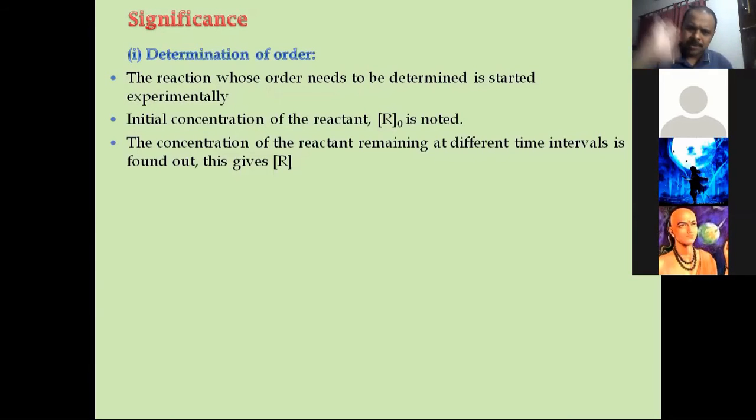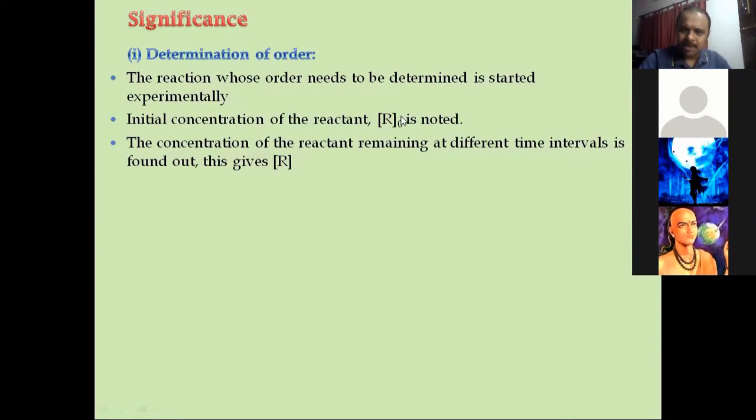The reaction slowly proceeds. You have to find out, as the reaction proceeds, at different time intervals, let's say 3 minutes, 8 minutes, 15 minutes, 20 minutes, randomly, no problem, or at regular intervals, any time. At different time intervals, you just need to find out the remaining concentration of the reactant R.